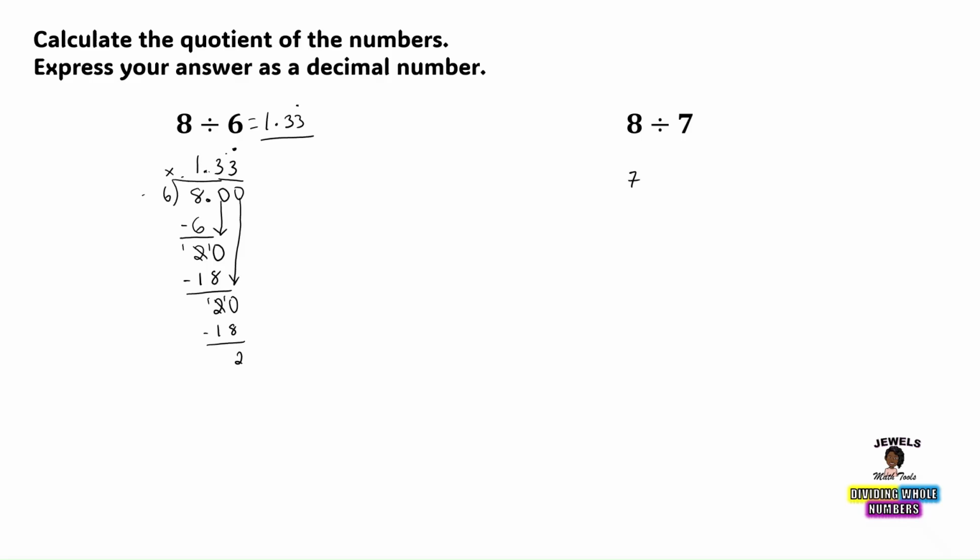So we're going to be dividing 7 into our dividend of 8. 7 will divide into 8 one time. We have 1 times 7 is equal to 7. 8 minus 7 gives us a difference of 1. We're going to now add in our decimal point.